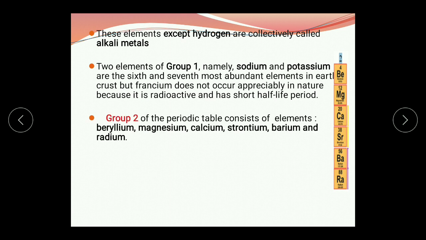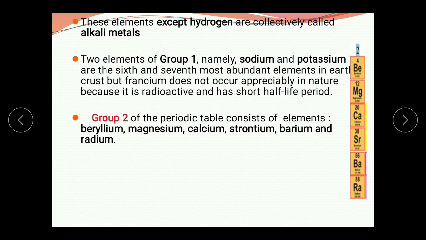Now, about group 2. Which are the group 2 elements? Beryllium, atomic number 4, magnesium 12, calcium 20, strontium 38, barium, and the last one is radium.